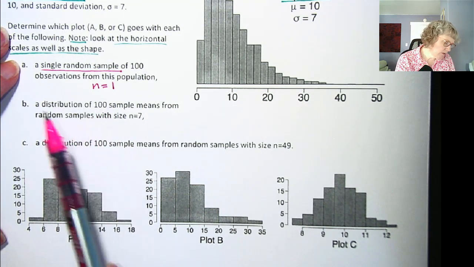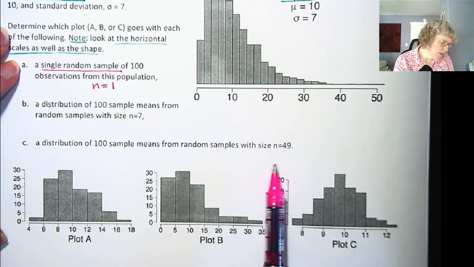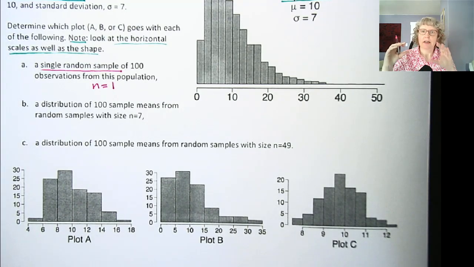Then we have a distribution, so we have n equals 7 and n equals 49. So if we just took one random sample, this is like the simulations, when it showed us the original one random sample, right?